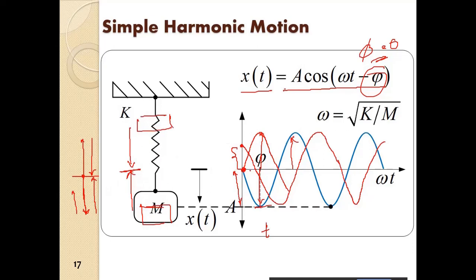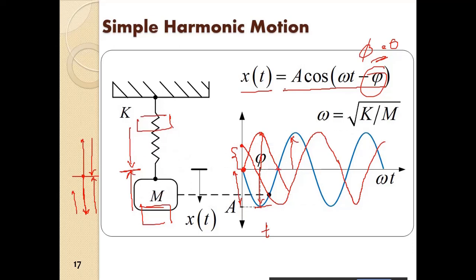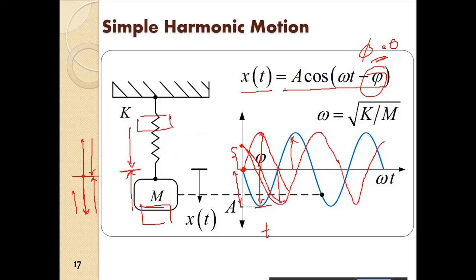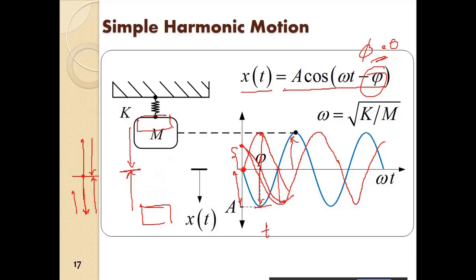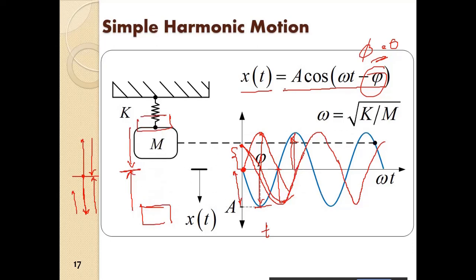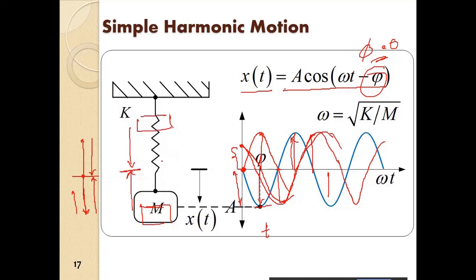And the velocity will be maximum at the zero displacement points. So we have this velocity, it is maximum here, then zero at the maximum displacement, then again maximum at the zero displacement. That is how the velocity will change.